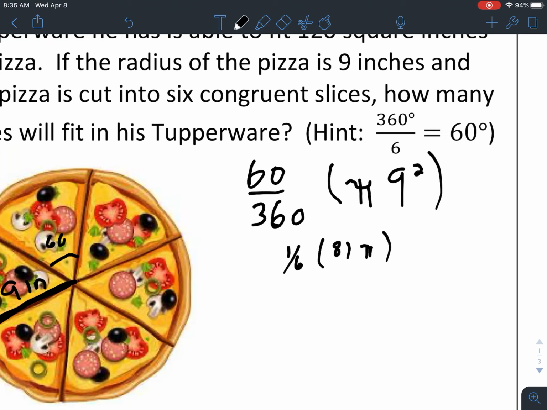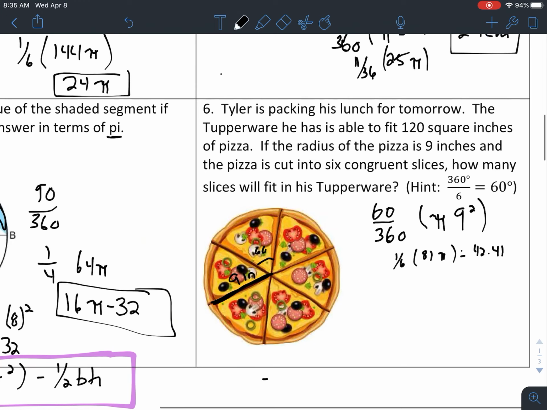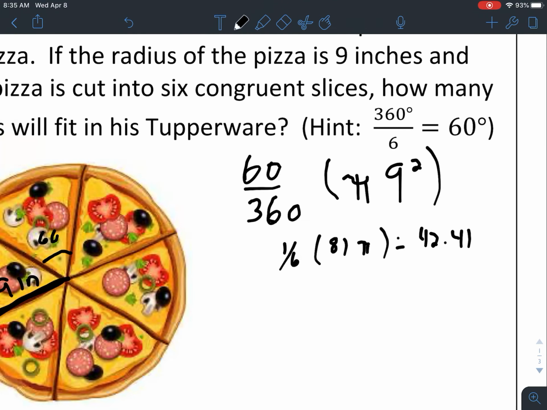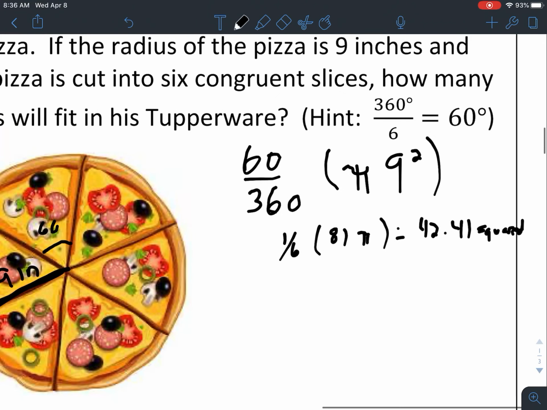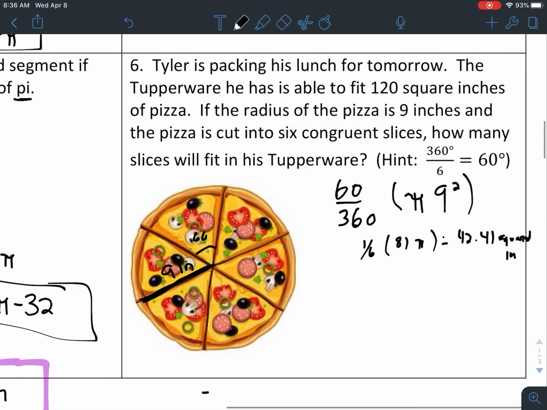Pi, if we times all this, 1/6 times 81, and we're going to use the actual pi symbol, comes out to be 42.41. Now, his lunchbox can fit 120 square inches. This is 42 square inches per slice. So this is a big pizza. Okay.